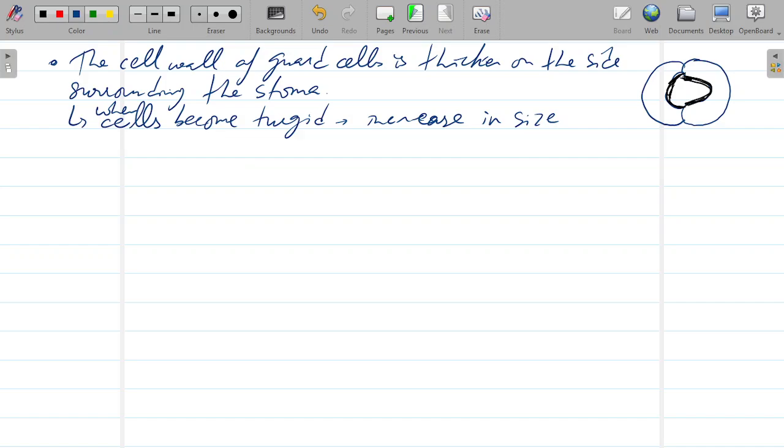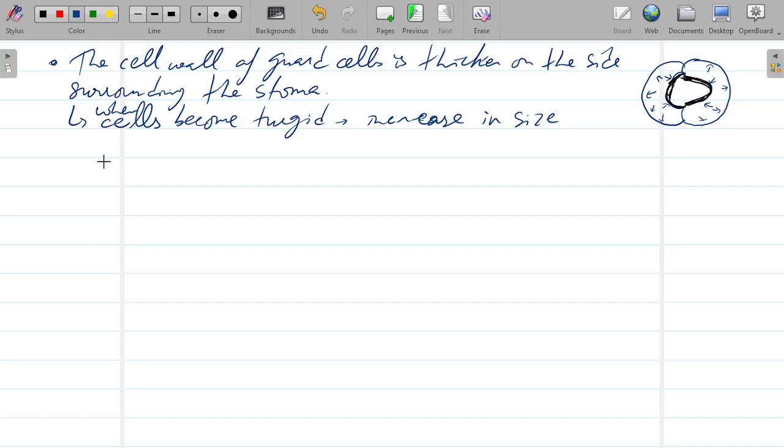Now, what happens because of this thicker cell wall is when the water is pushing, right? Which part of the cell wall do you think will expand more? The regular cell wall, or the one that is thicker? Yes, Haram? The regular one. The regular one will expand more, right?